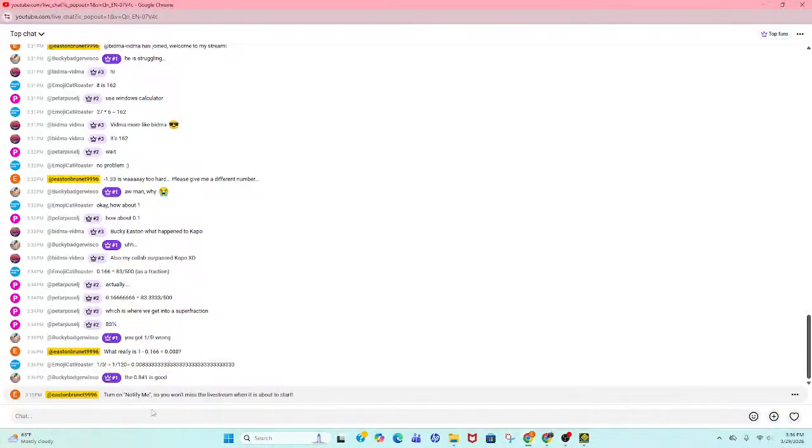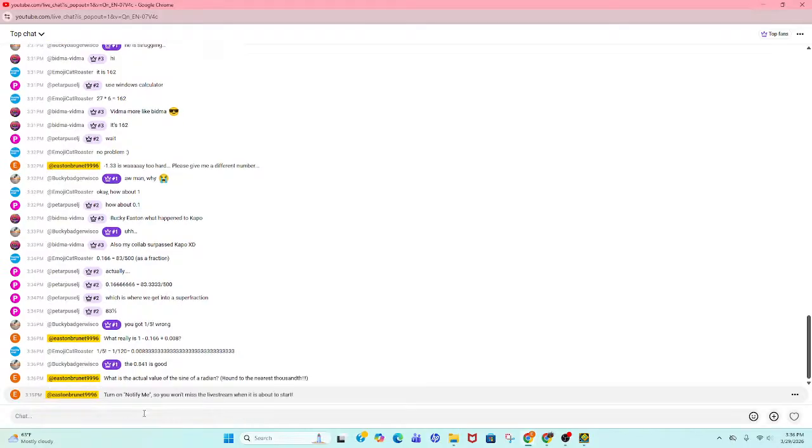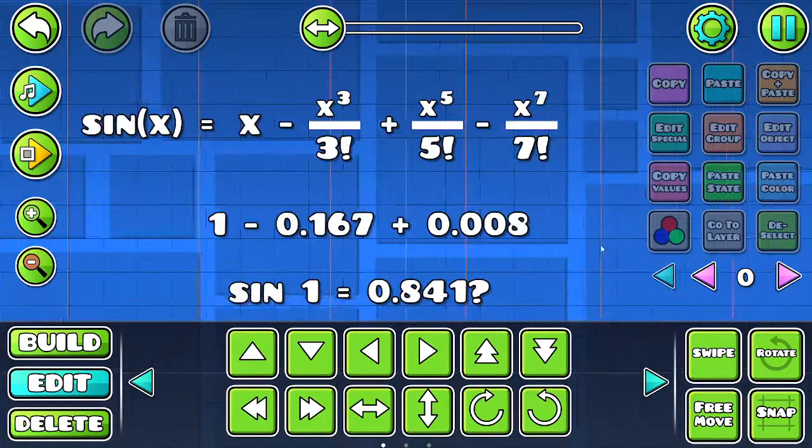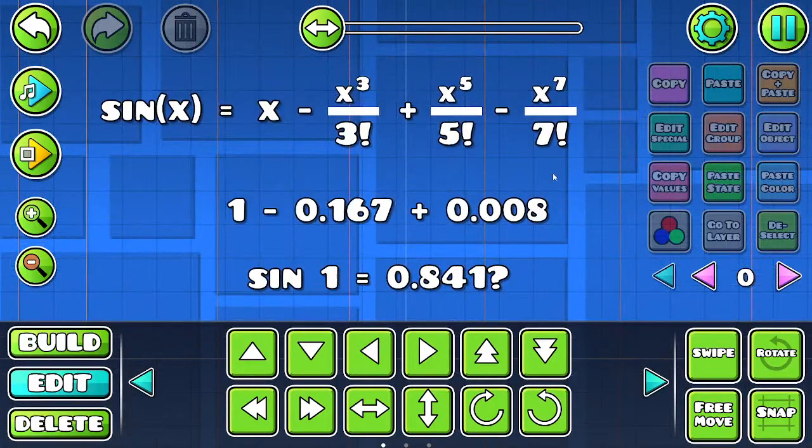What's the actual value of the sine of a radian? I want to see how close I was. I didn't include this because, yeah.